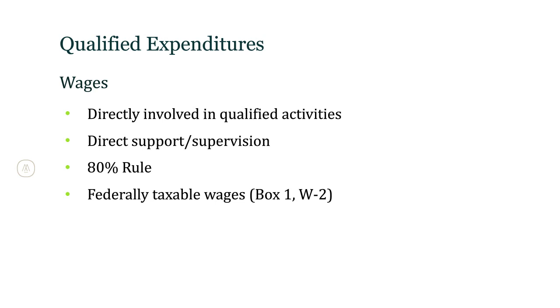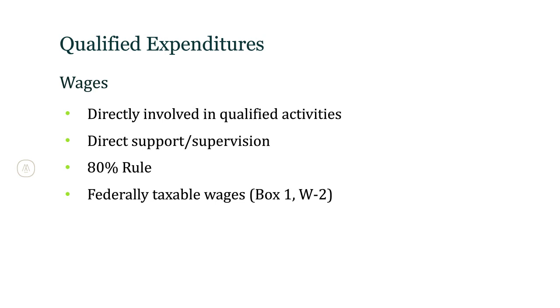The IRS has what they call the 80% rule, and that is for those people who are very heavily involved in R&D. Basically, if they're doing 80% or more in R&D, the IRS and the states state that you are an R&D person and just capture 100%.